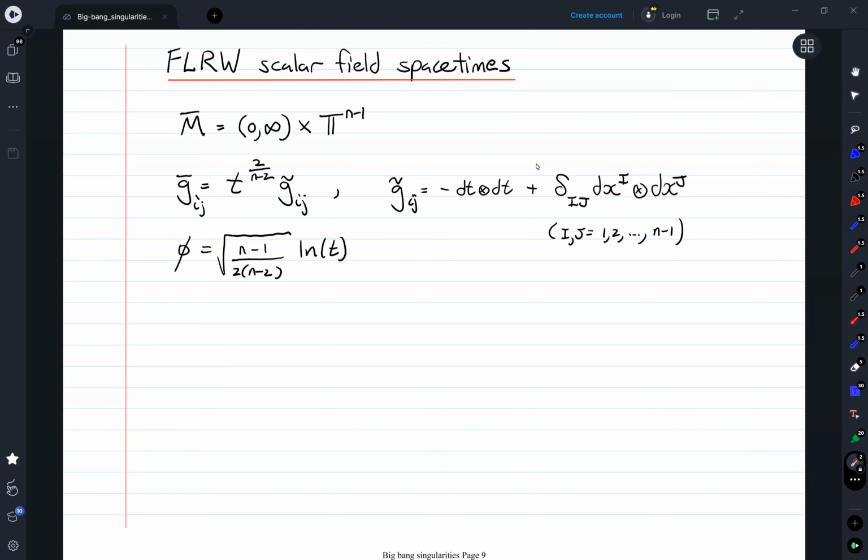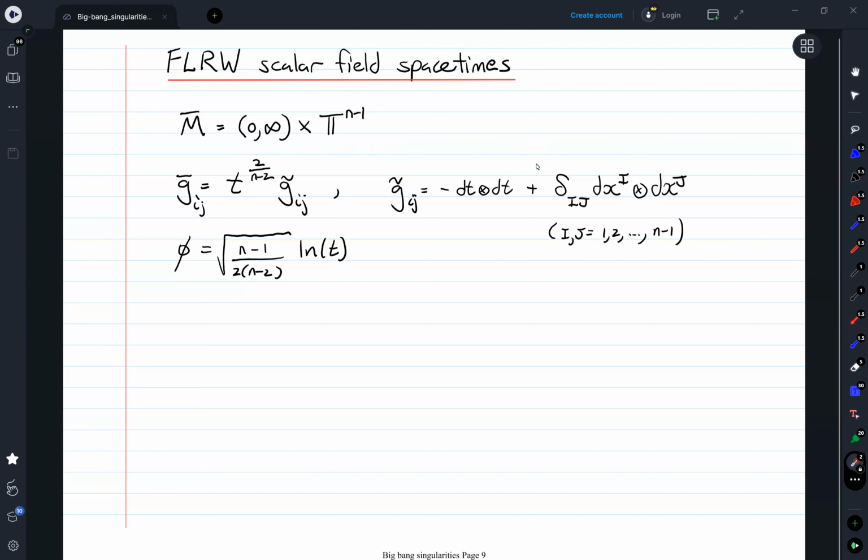So these will be solutions to the Einstein scalar field equations, and they're of a particularly simple form, and they're ones that are exact that we can study. So what we have here is our space-time, and what we think of it as is just an interval of time, 0 to infinity. You should think of that as a time interval across a spatial manifold, which for us will be an n-1 torus.